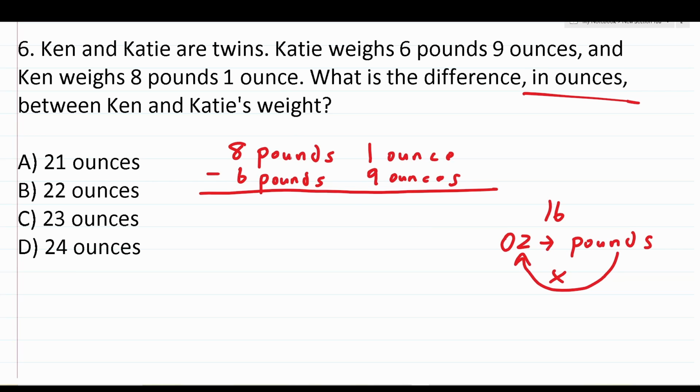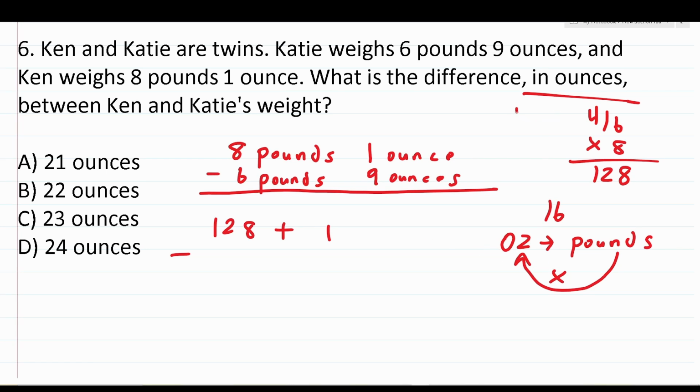Let's start with this one. To convert 8 pounds to ounces, we're going to take 8 and we're going to multiply it by 16. 6 times 8, of course, is 48. So drop down an 8, carry a 4. 8 times 1 is 8, 9, 10, 11, 12. So this becomes 128 ounces plus that 1 ounce that we have here minus, let's convert this 6 pounds to be in terms of ounces.